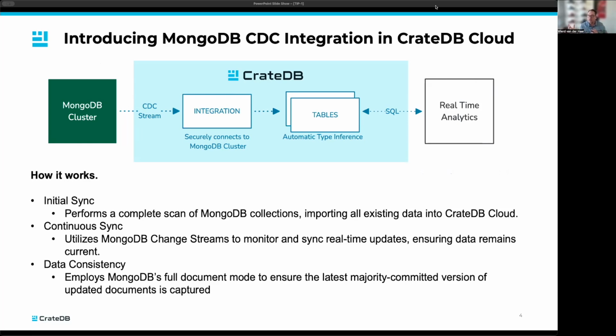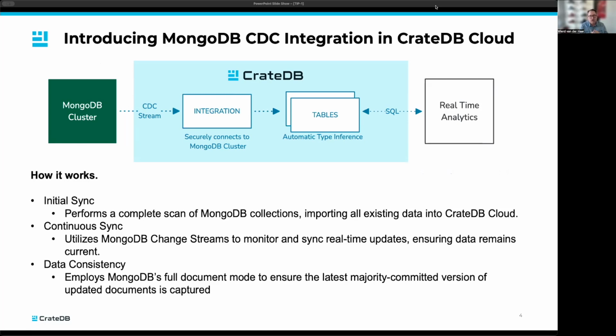And of course, on the right-hand side, you can have your real-time analytics. For example, if you want to visualize with Grafana, or run Power BI or something else to run your analytics on top of the data you get in CrateDB. That's how that stream works.